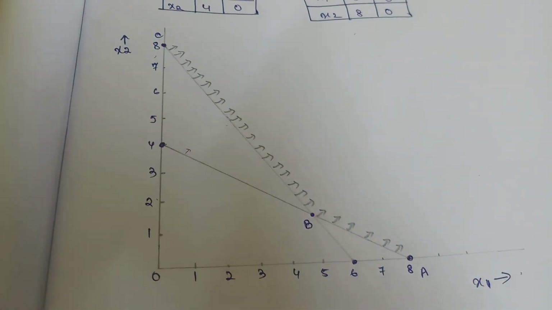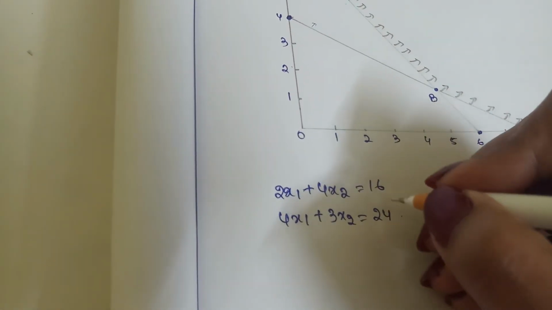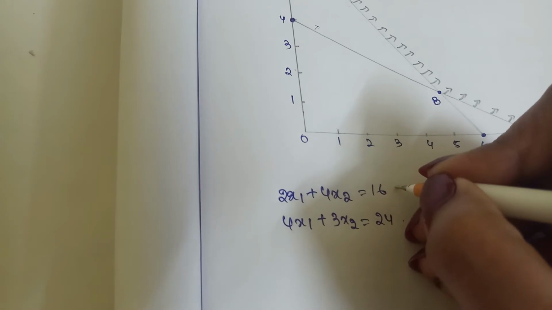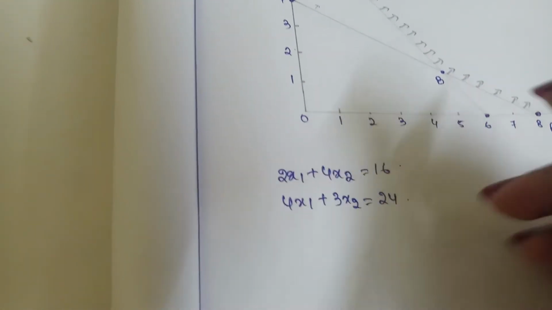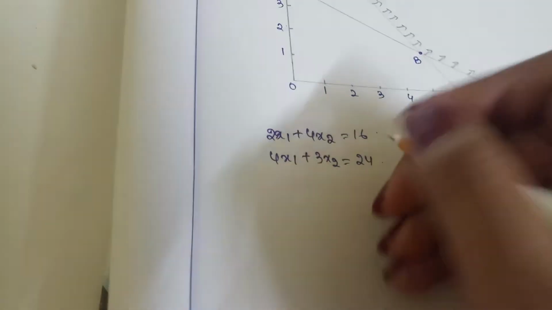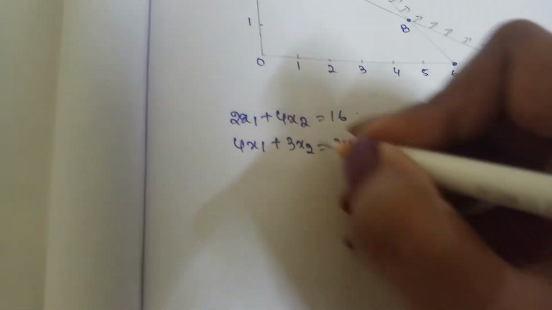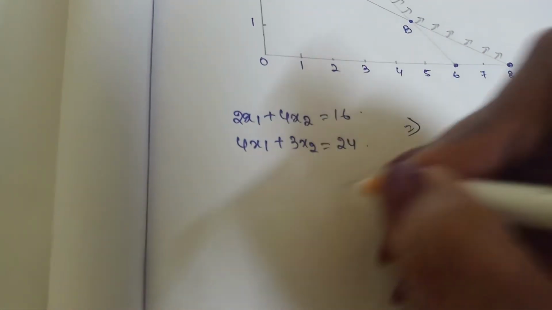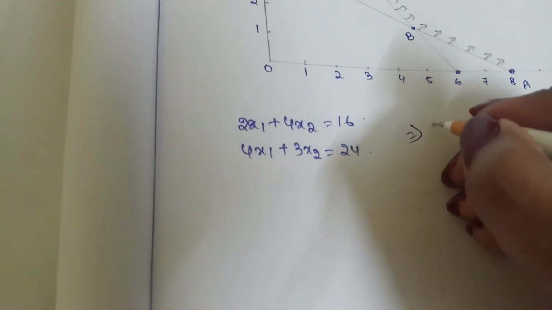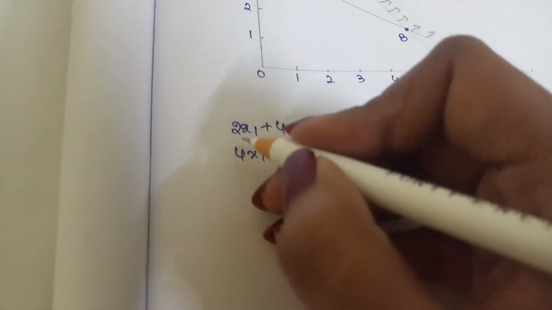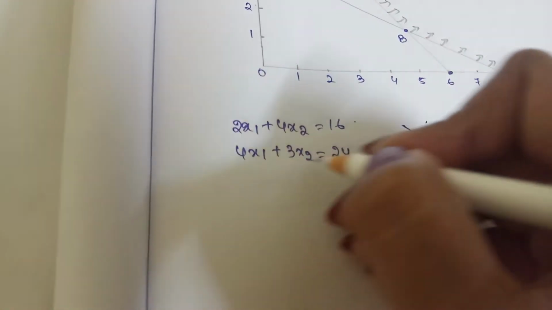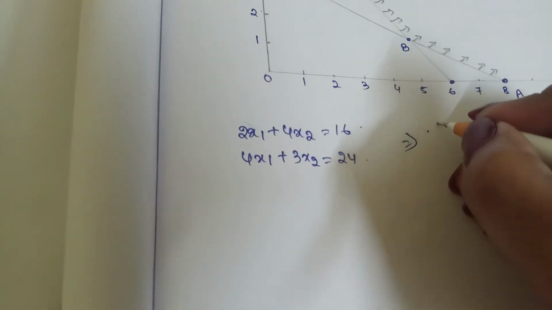So let's do that. Okay guys, I have written here, as you can see. This is the first constraint, this is the second constraint. I'm simply going to equate them to get the values of x1 and x2. I'm going to do it like you were taught back in school. So simply multiply the first constraint by 4 and the second constraint by 2.